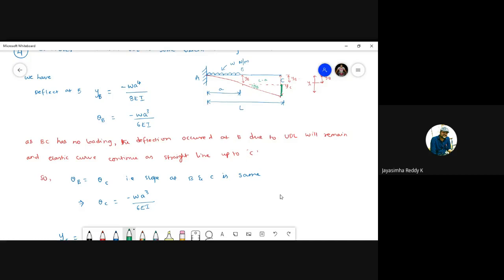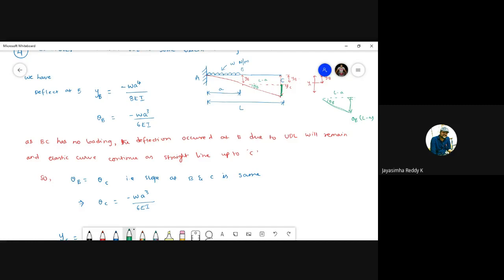This dotted line length is L minus A. So I just wanted to take it as a triangle for your sake, students. And I would like to find out this length. So for getting this length, I can write it as theta B into L minus A. Am I right? Theta B into L minus A to get the length of this.